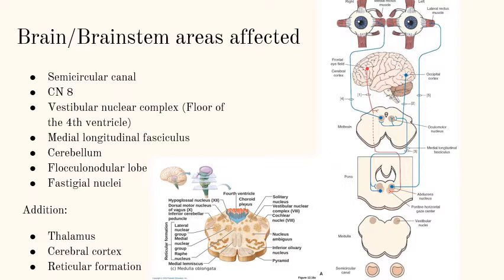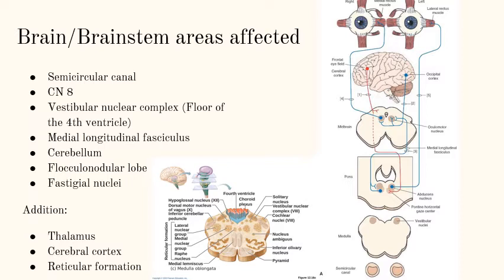Most of the semicircular canal inputs synapse with the superior and medial vestibular nuclei via first-order sensory neurons of the cranial nerve 8, while second-order sensory neurons send signals ipsilaterally and contralaterally via the MLF to cranial nerves 3, 4, and 6.